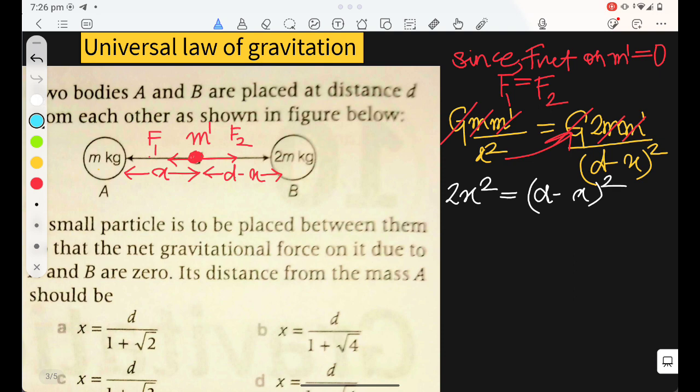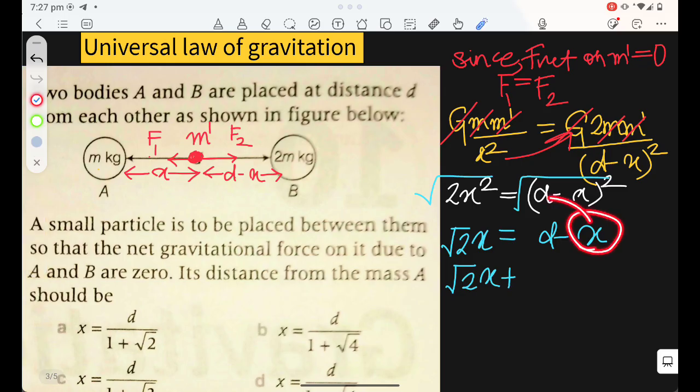Now taking the square root on both sides, we get root 2 x equal to d minus x. From this we have to find the value of x. So root 2 x plus x, taking this to this side, is equal to d.